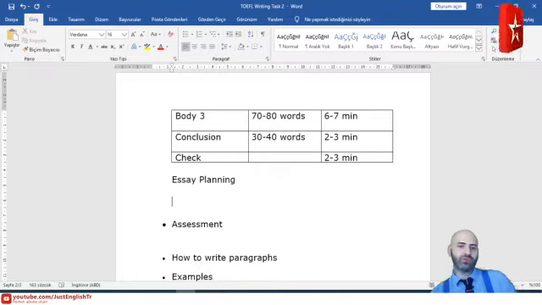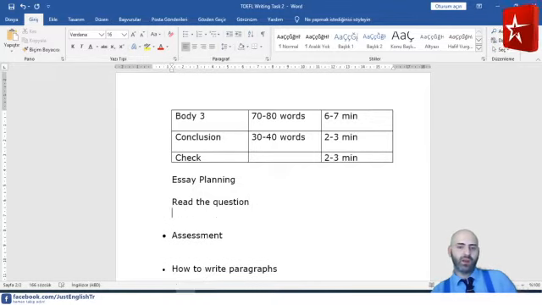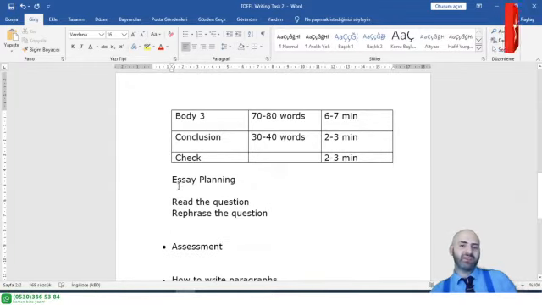First, of course, you need to read the question. After you read the question, if you have time, you can rephrase the question so you understand it better. This is not a must, okay? If you don't have time, maybe you don't do this one.